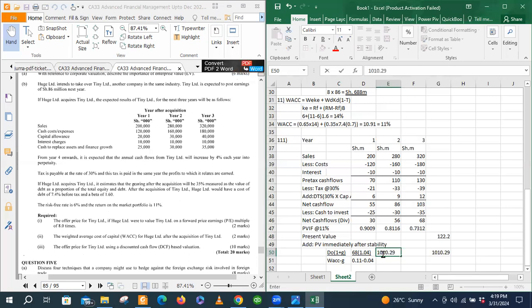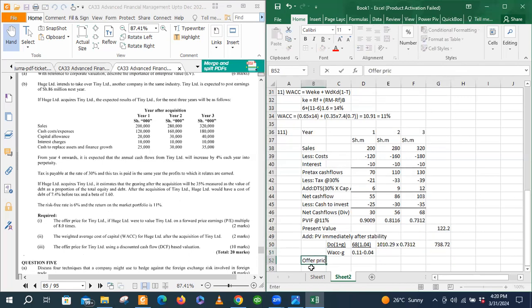It gives us 738.72. Good. So the total of the two becomes the offer price: 860.92.